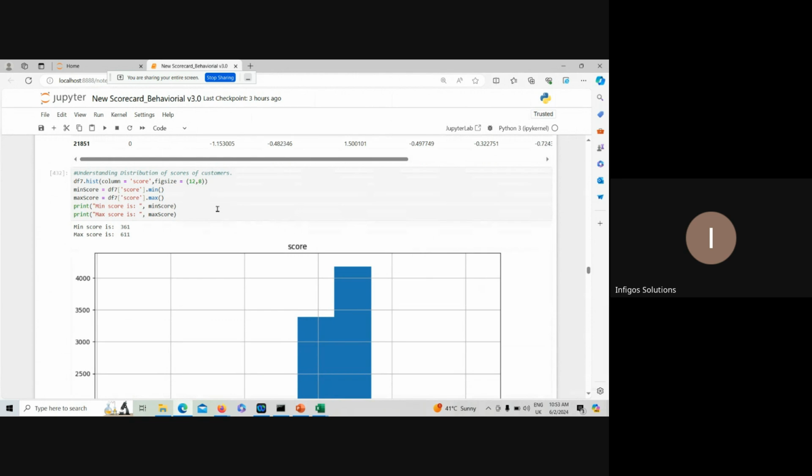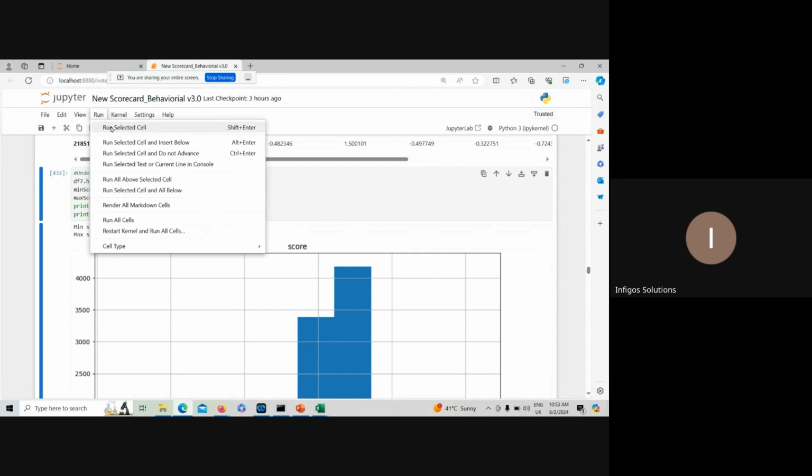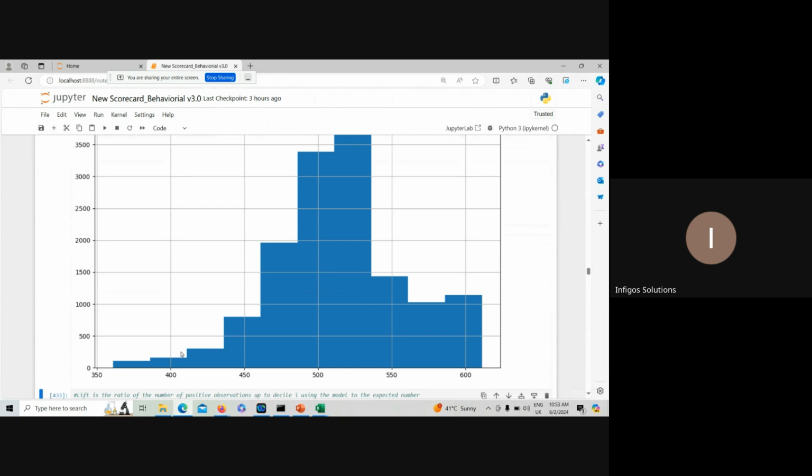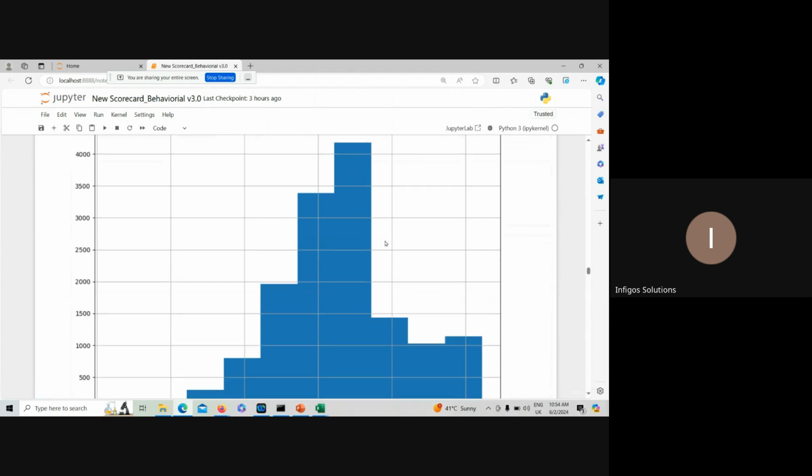Okay, so we will see how the distribution looks. We have very few customers who have a low score. Most customers have a good score. This is why we have a small number of defaults in the data. So it's making sense in terms of business, right?